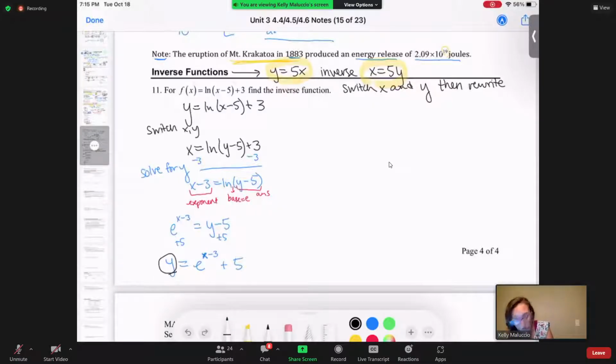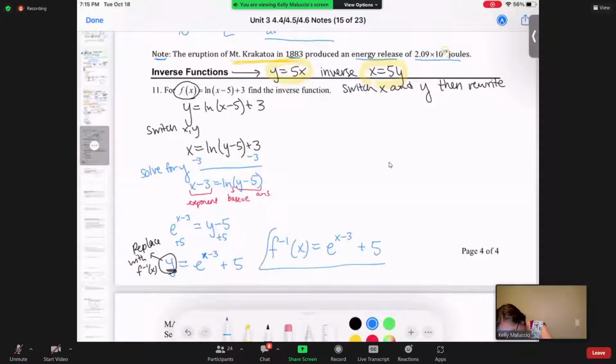So we replace this with f inverse. So we really started with f of x, we wrote y, we switched them, and then we solved for y again, but now the final answer is going to be f inverse is e to the x minus 3, plus 5. And the inverse of this original equation is that.